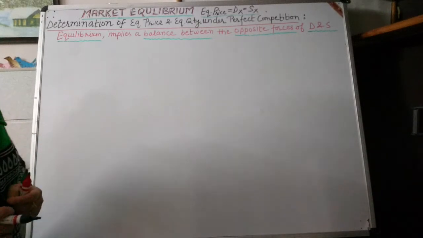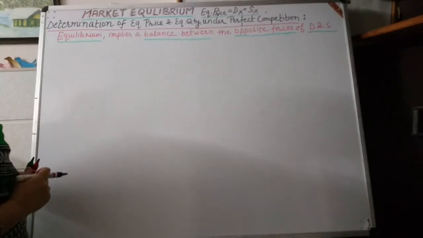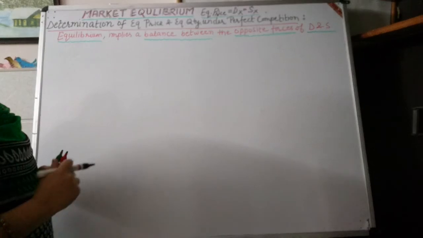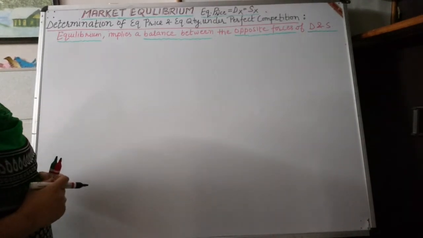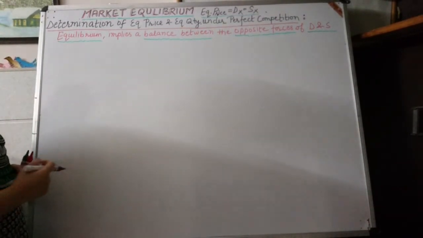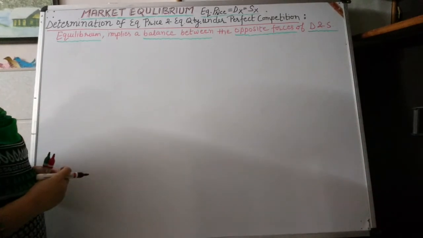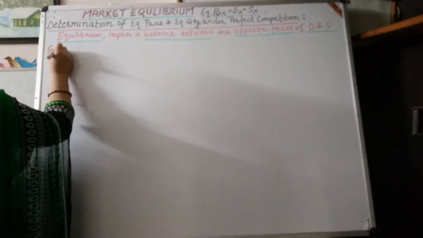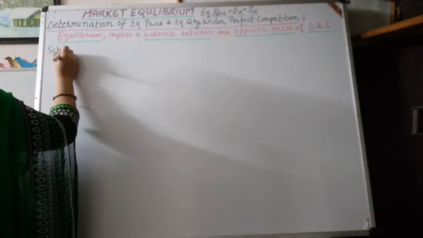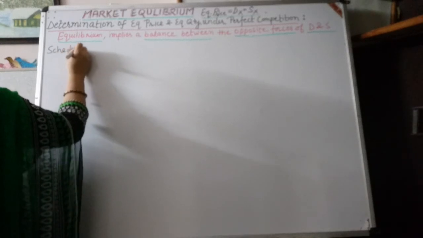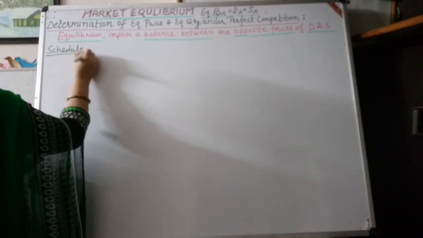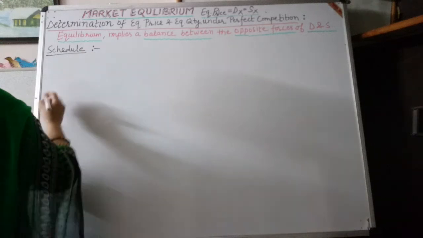Now let us assume a market situation in which buyers and sellers are there and they are demanding and supplying commodities because they are the opposite forces in the market. So let us explain the concept with the help of a schedule and a diagram.